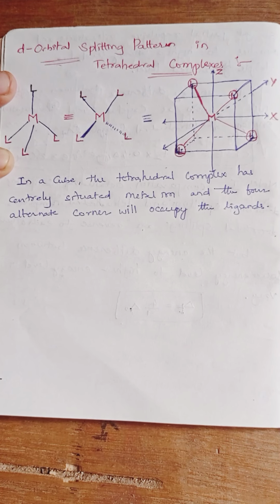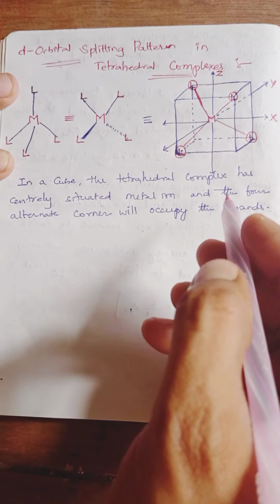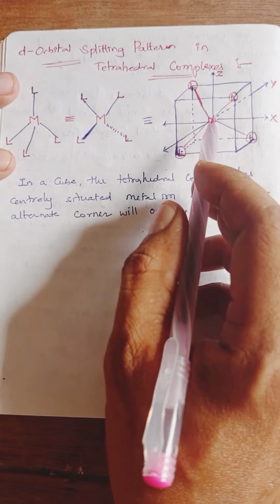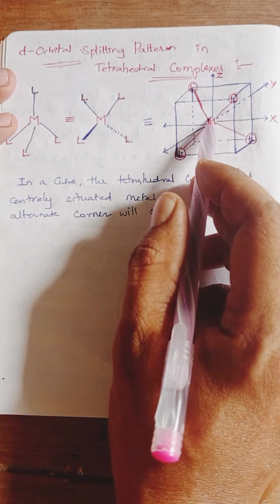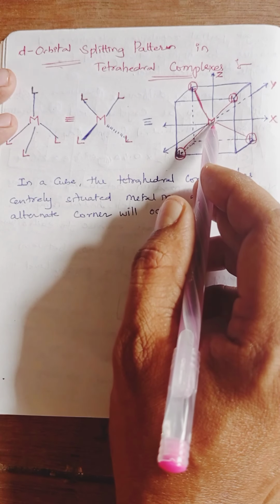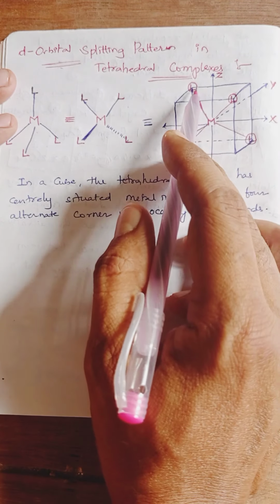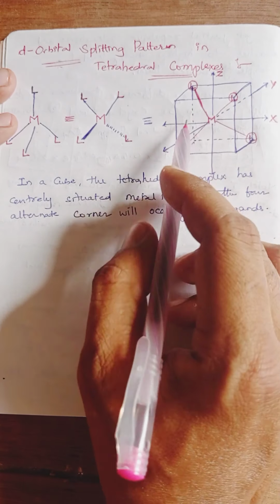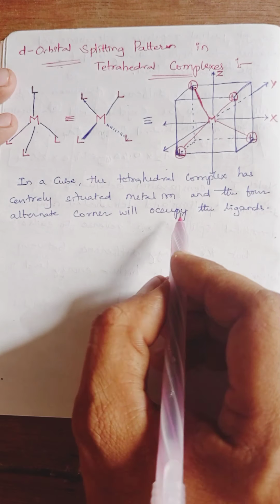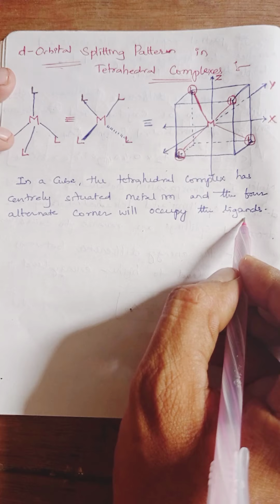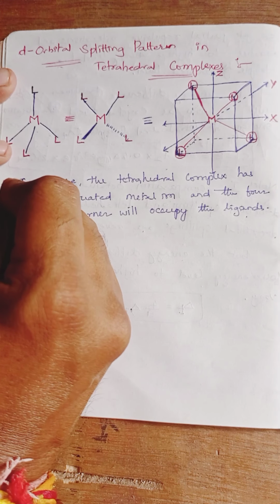What happens once we keep the tetrahedral in the cube? The central position is occupied by the metal ion, and all four alternate corners of the cube are occupied by the ligands, right? That is what.